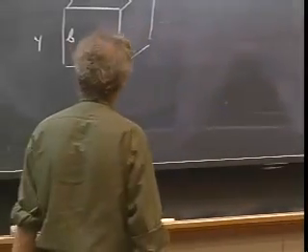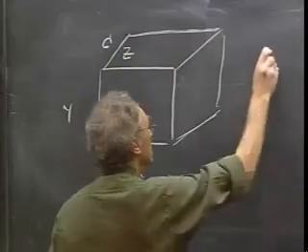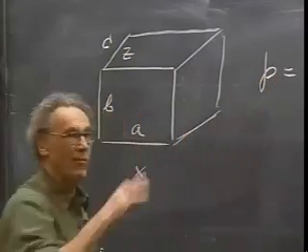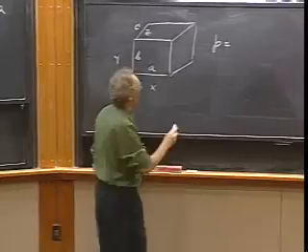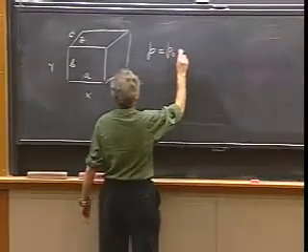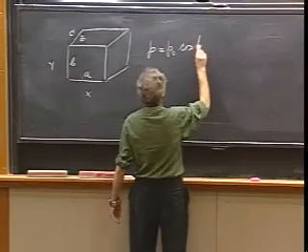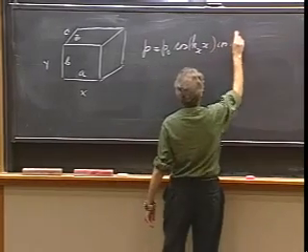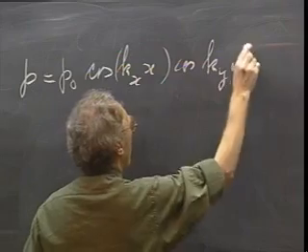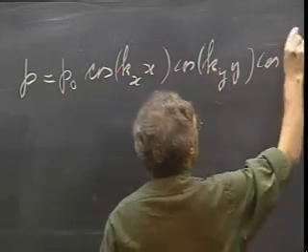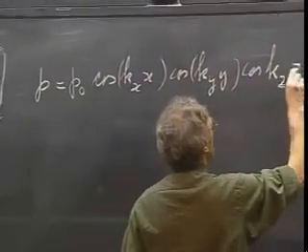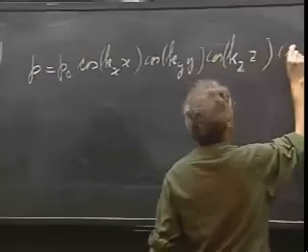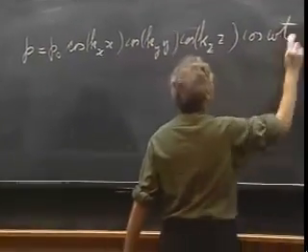So I can write down the pressure, P, that is the pressure over and above 1 atmosphere, as some amplitude P0 times the cosine of kx times x, times the cosine of ky times y, times the cosine of kz times z, times cosine omega t.